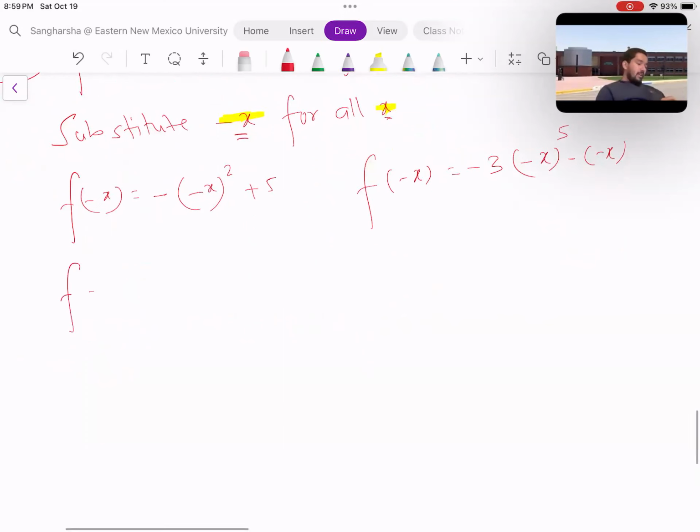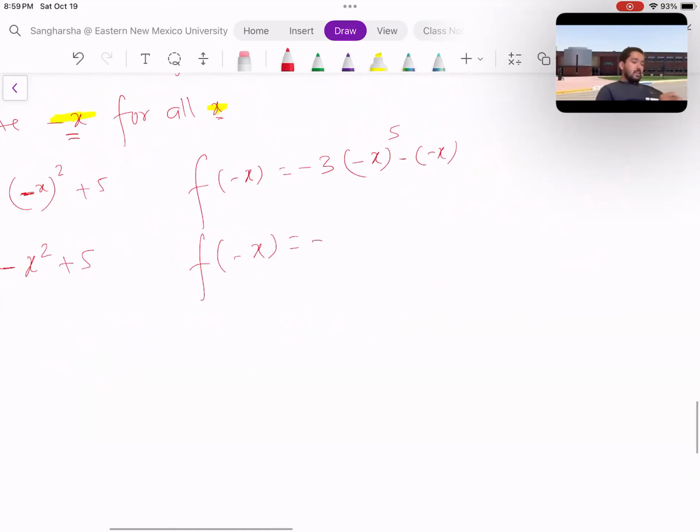Now here f of negative x equals negative as it is, negative x squared is positive x squared, plus 5.